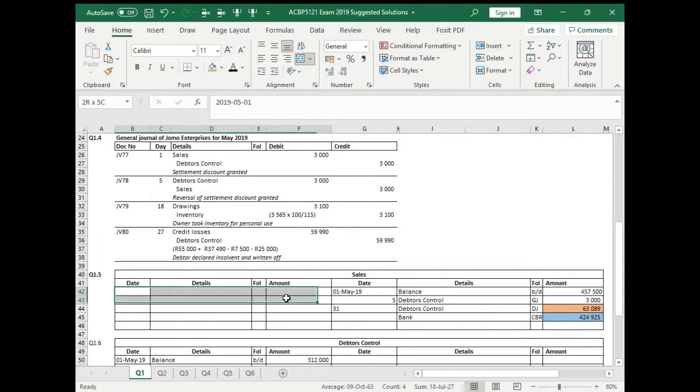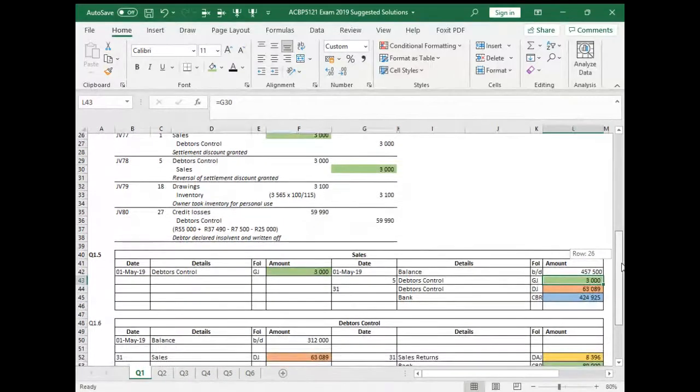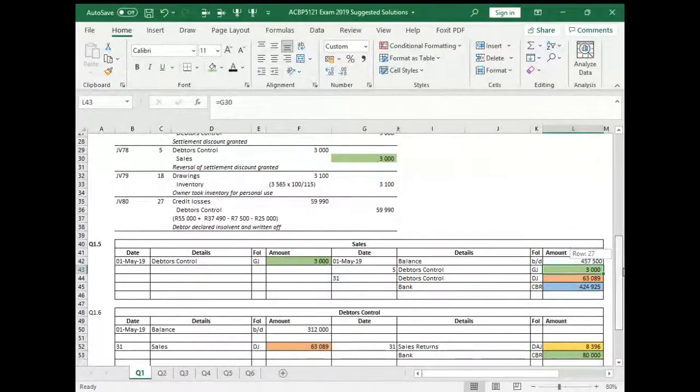Oh, this one's the 5th, sorry. Wrong side. Okay, so on the first, I reduce my balance with 3,000 Rand. But then on the 5th, I went and I reversed it as well, the same transaction, so I document it again. So that is the sales amount captured in the sales account. Then we also did the same with debtors journal.